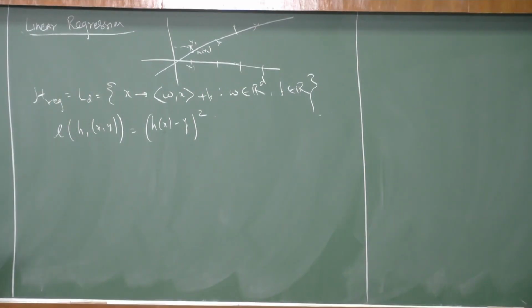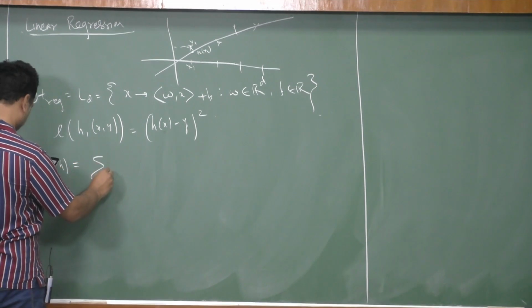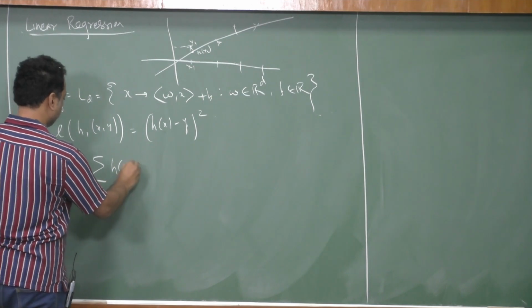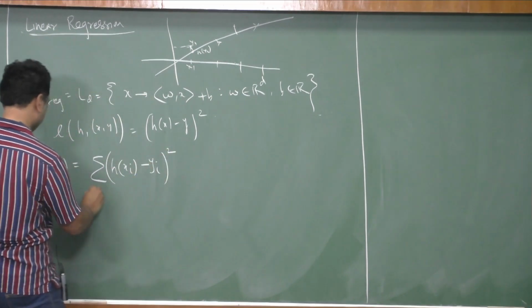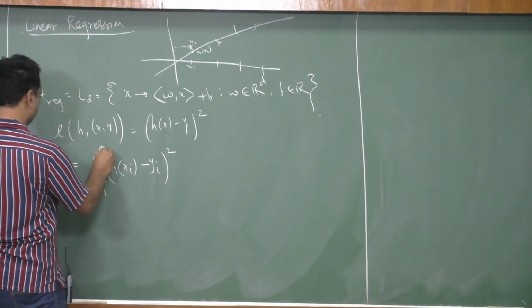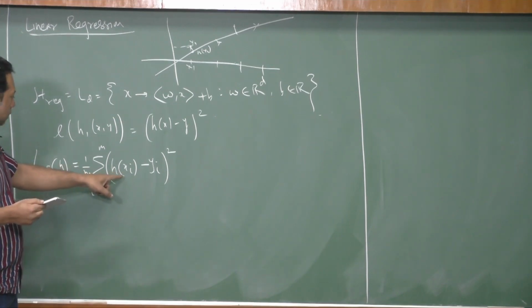So we can build a generic loss function here where we will sum over these: (h(xi) minus yi) whole squared, i equal 1 to m, times 1 by m. So once again we can build a loss function which takes the difference between these.